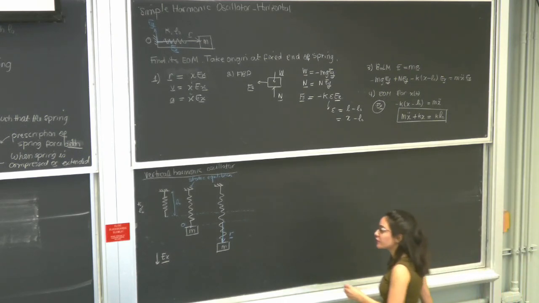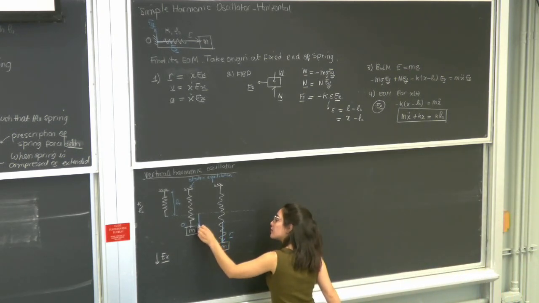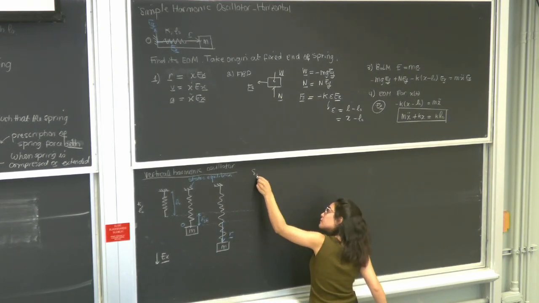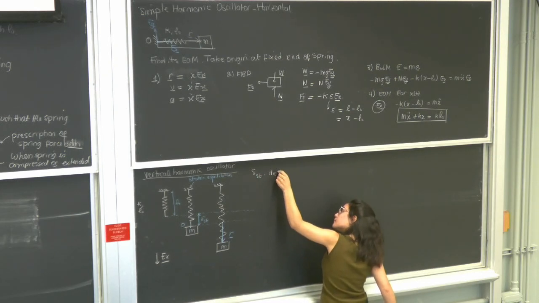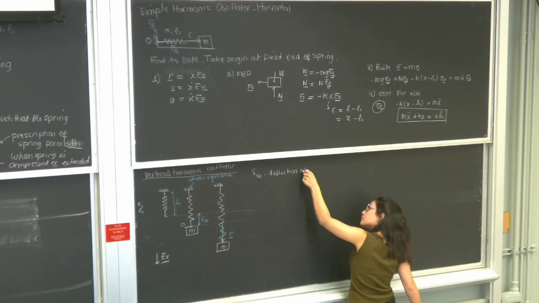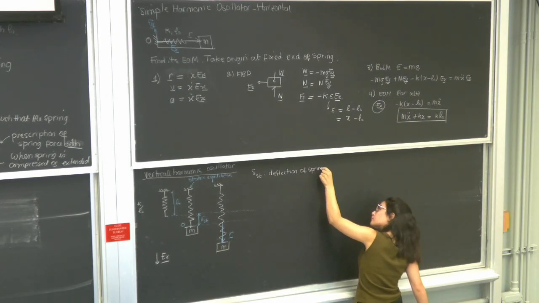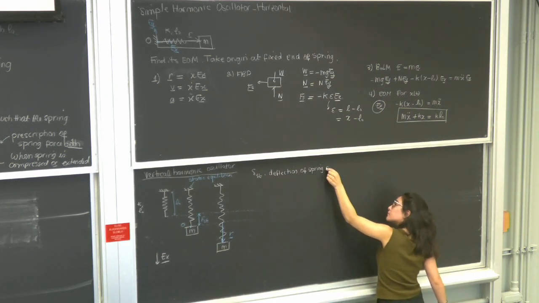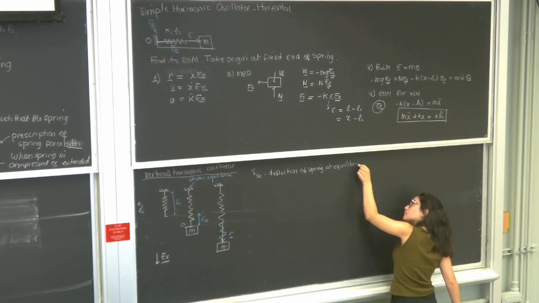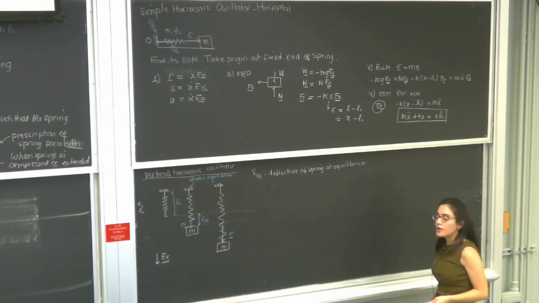The deflection here of the spring at equilibrium, we call it delta ST. This is also known as the static deflection of the spring.